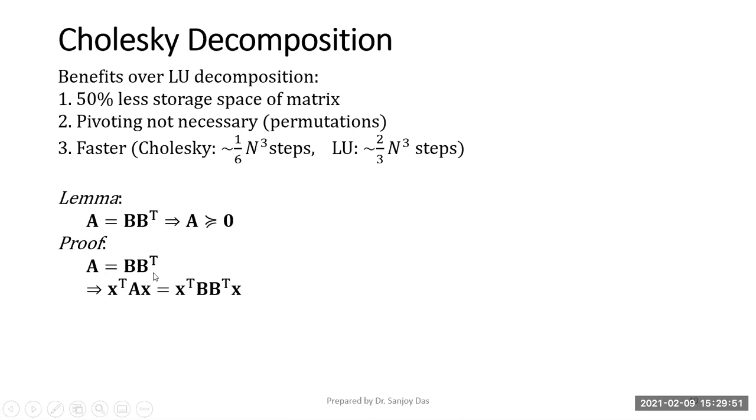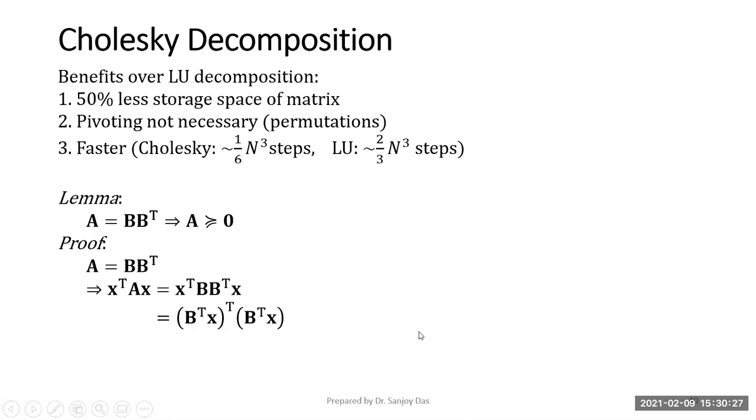It's equal to X transpose BB transpose X, which is equal to (B transpose X) whole transpose times B transpose X. I took the first two factors, X transpose B, and expressed it in this manner, and then I have B transpose X. This B transpose X is some vector, let's call it Y. So this is Y transpose Y, some vector transpose times that vector itself.